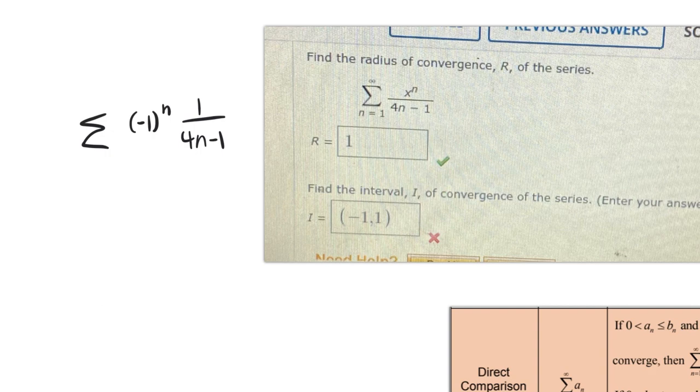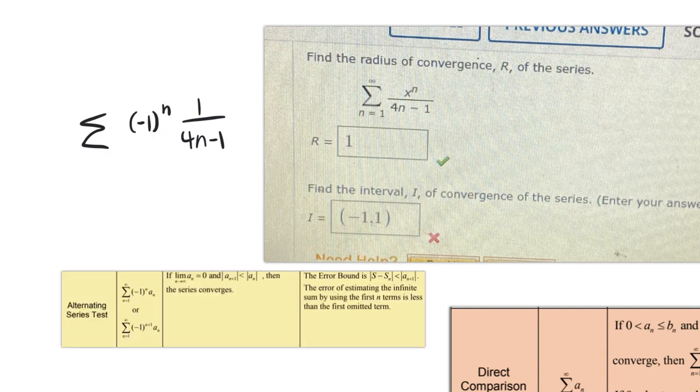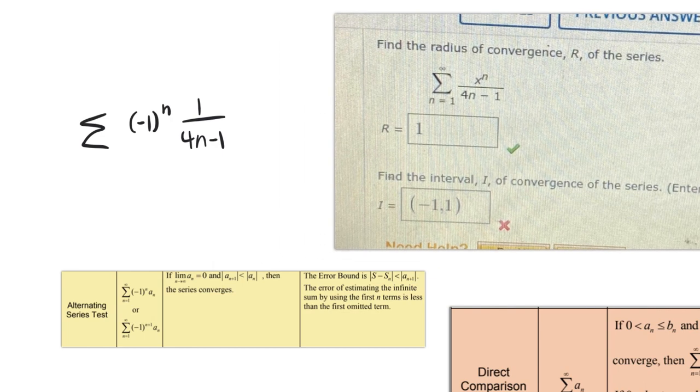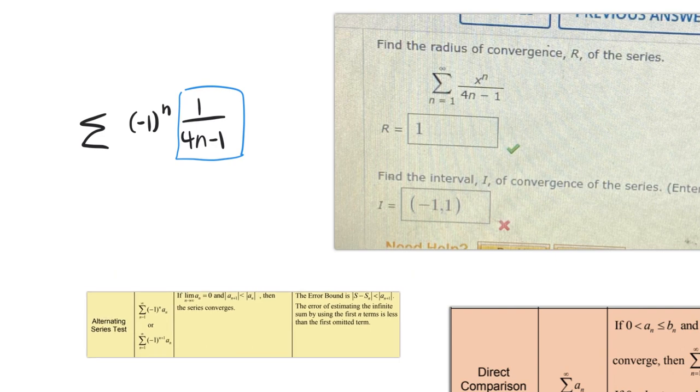Now, this is an alternating series, which would bring us to the alternating series test, which is right here, where basically you're going to compare variations of this part right here. And you just take a look and see, is a sub n plus 1 less than a sub n? And if that's the case, then the series converges. So let's actually take a look at that.